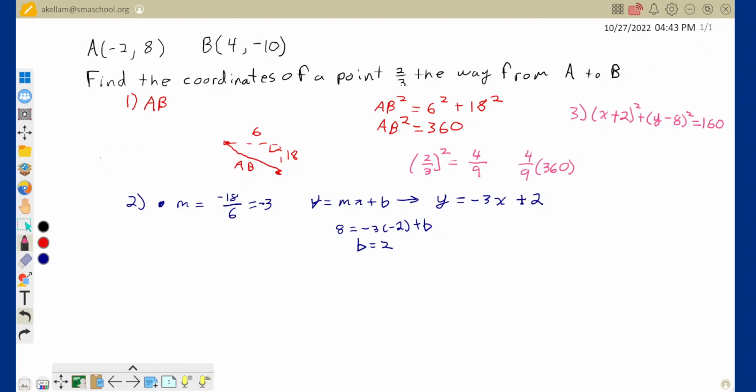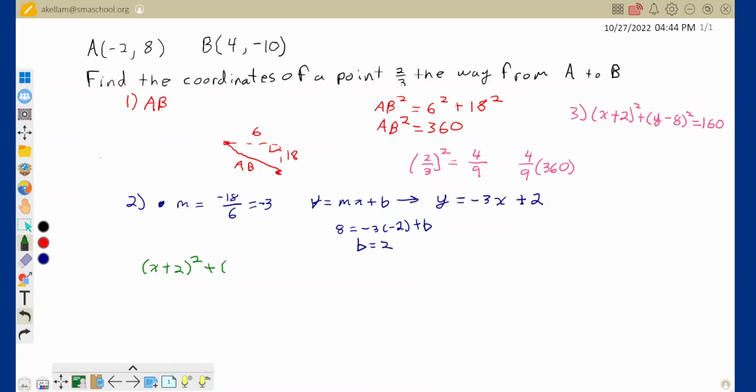Now, we know that y equals -3x plus 2. What we're going to do is just substitute that in for y in our circle, and we now have x plus 2 squared plus, and then we have this y minus 8 here, but y is -3x plus 2.